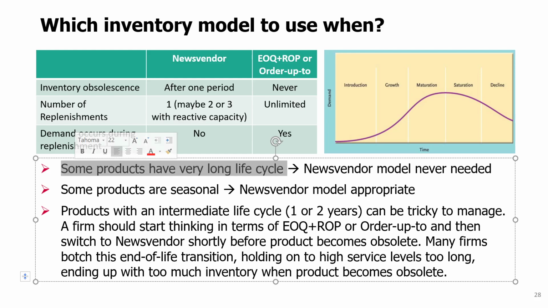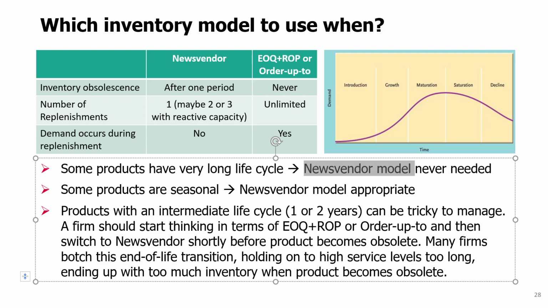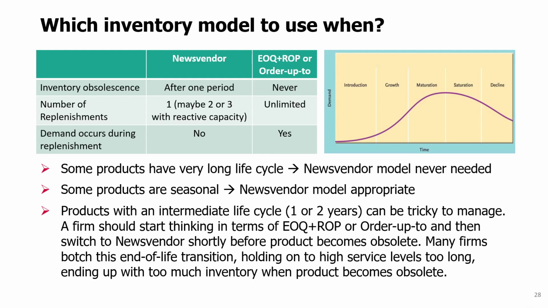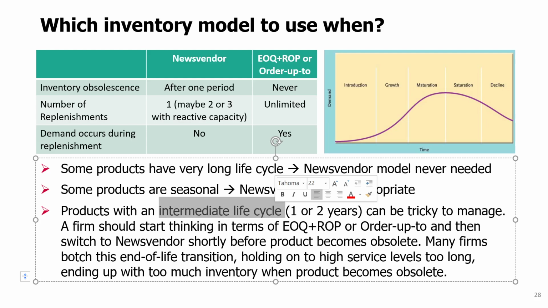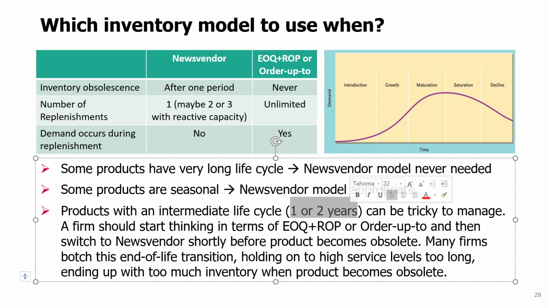They've been here for decades, and they are expected to continue being sold for more decades. The newsvendor model might actually never be needed. The problem is with products that have an intermediate life cycle, for example 1 or 2 years. A lot of the time, if there is a new version of the product, an upgrade, then the old variant is a product that is getting into decline.